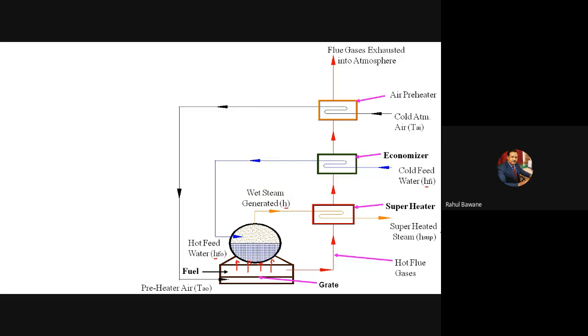Now imagine we have 0 degree centigrade water and we are supplying heat. First the water gets heated up to 100. That means we are supplying sensible heat, so we recognize a rise in temperature. After 100 degree centigrade, when we supply more heat, the water temperature will not increase. Its phase starts changing: 100 degree centigrade water to 100 degree centigrade steam.